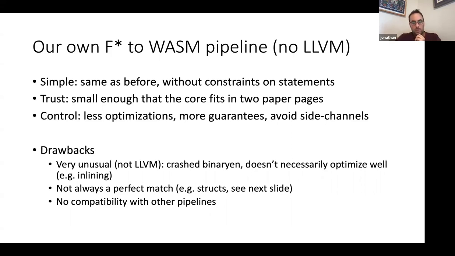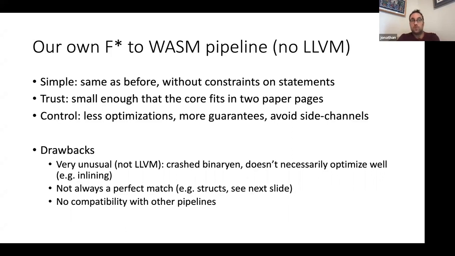So we would like to have an end-to-end verified compilation that goes to WASM. We think that it's a bit of a stretch to verify all of LLVM, but it's not impossible to verify something that's a functional compiler that doesn't have too many fancy passes and that essentially goes to WASM directly. So one of the advantages that we see in targeting WASM directly is that it's simple.